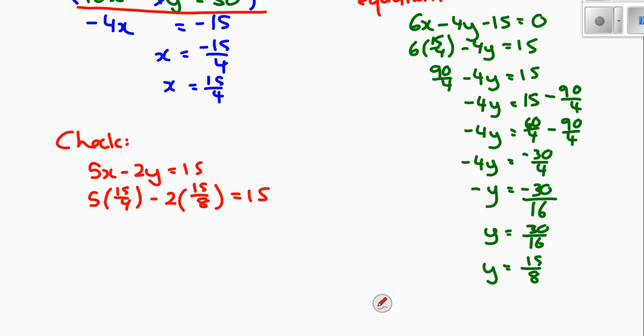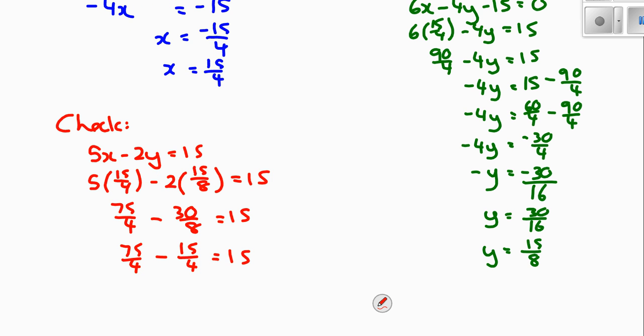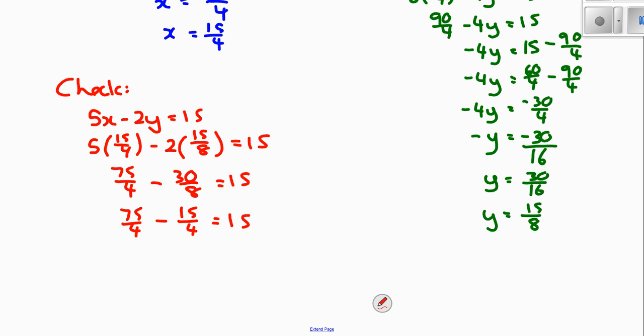So what's 5 times 15? 5 minus 2 times 15. 30 over 8 simplifies nicely, so 75. Divide the top times 4. 75 minus 15. I have a common denominator now, so 75 minus 15.